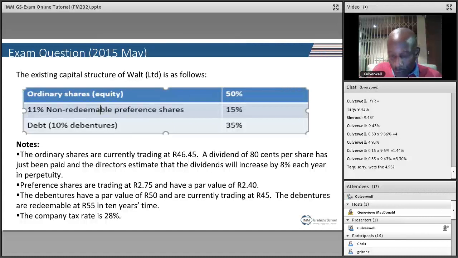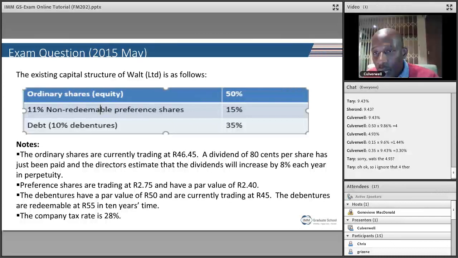For the 4.93%, remember our weight of ordinary shares was 50%, which expressed as a decimal is 0.50, times the respective cost of ordinary shares, which was 9.86. That gives you 4.93.